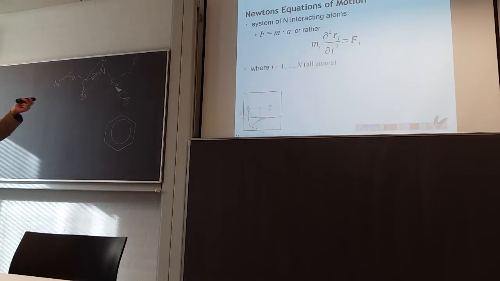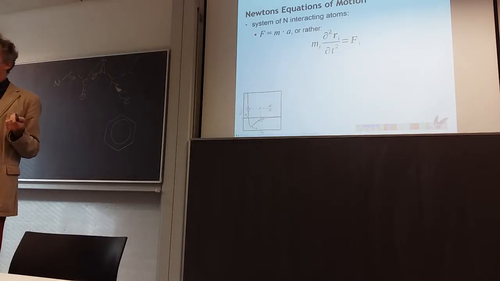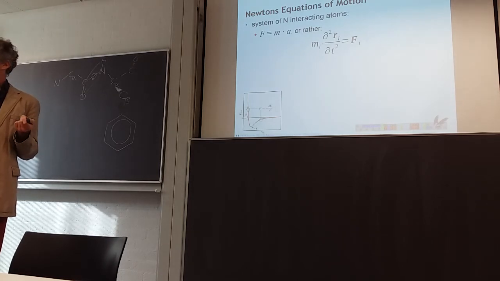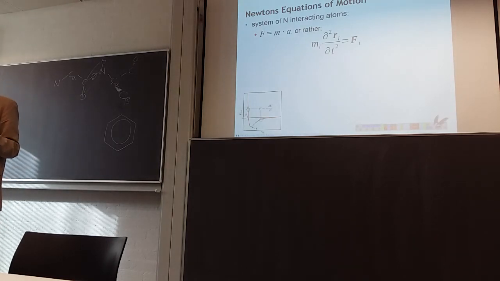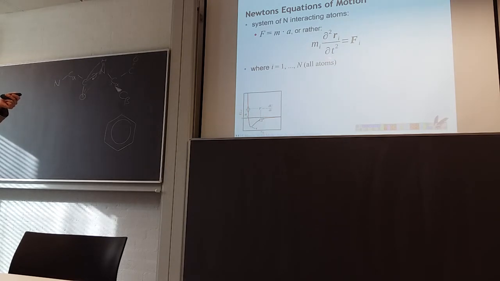And the nice thing is that when you can calculate your acceleration, from your acceleration you get a change in velocity, and from your velocity a change in coordinates. So the acceleration changes the velocities, changes the coordinates, and thereby you can set your whole protein system in motion, literally. Okay. And the sum here, i, is over all atoms.